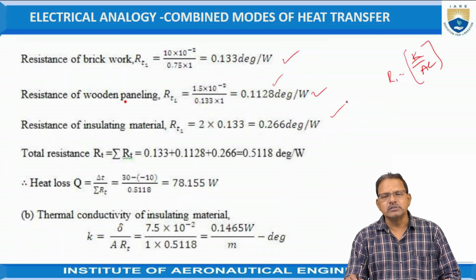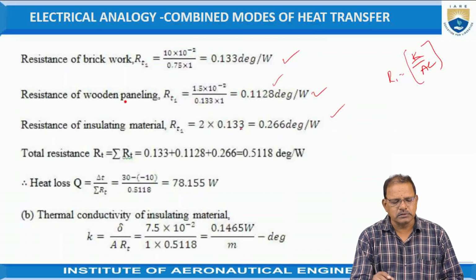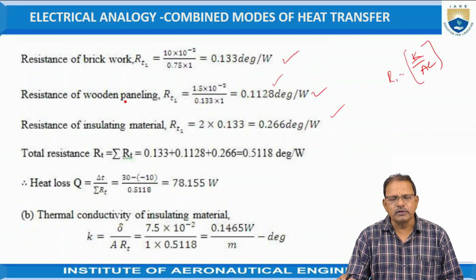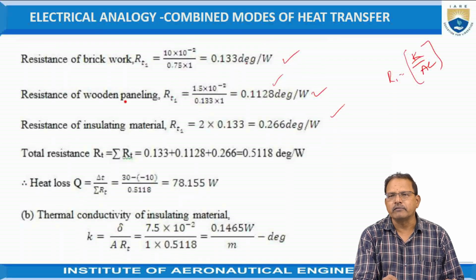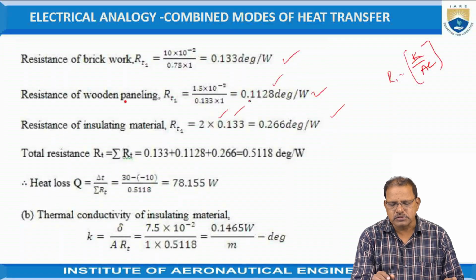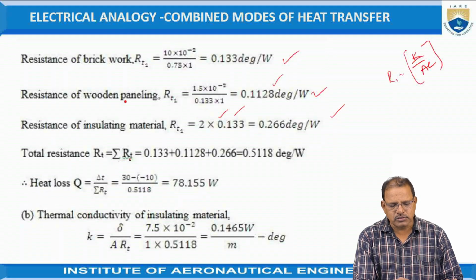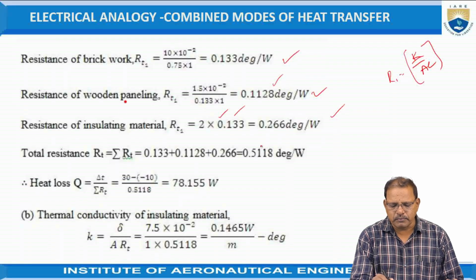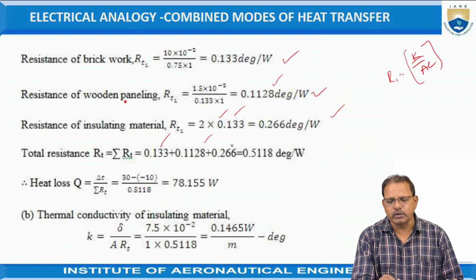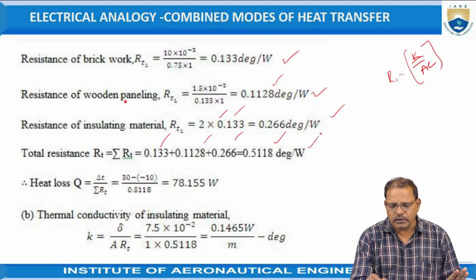The insulating material is equal to 2 into 0.113, because the resistance of the brick is given as 0.13 and the insulating material is twice that, hence we take twice the value. The total resistance RT is equal to the sum of the RT values, that is 0.1133 plus 0.1128 plus 0.2266, total equal to 0.5118 degree per watt.